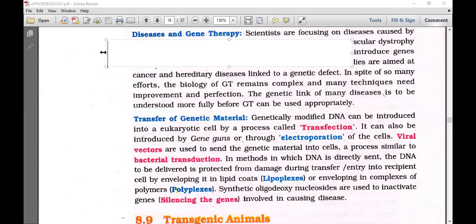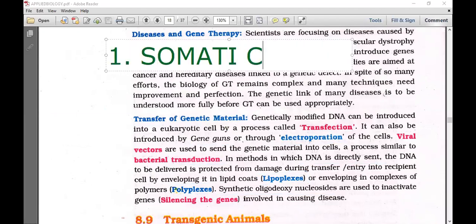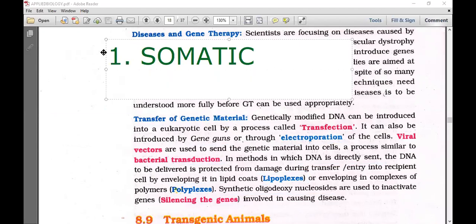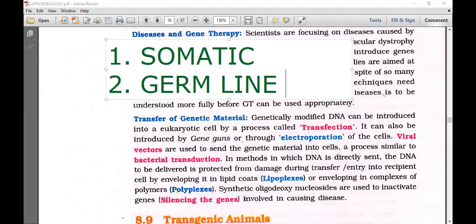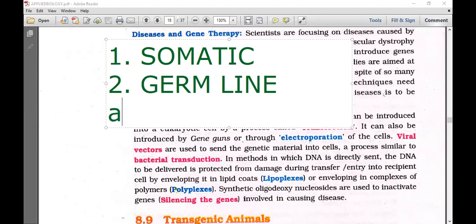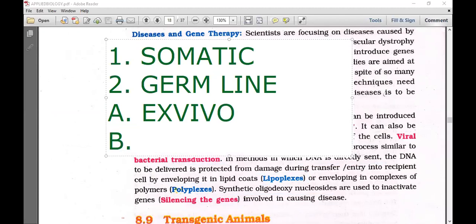Definitions like somatic and germline gene therapy. Then in case of somatic, we see ex vivo and in vivo gene therapy. Doing it outside, we say ex vivo. Doing it inside the body itself, we call in vivo.